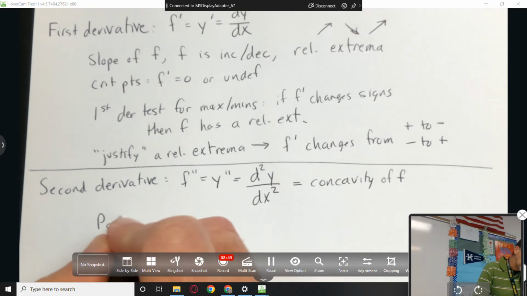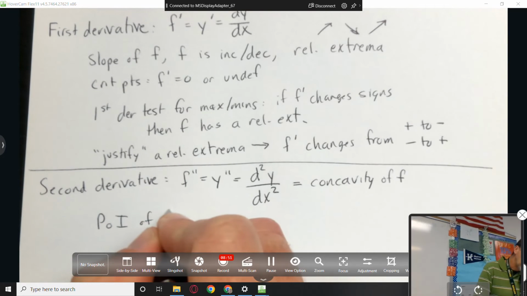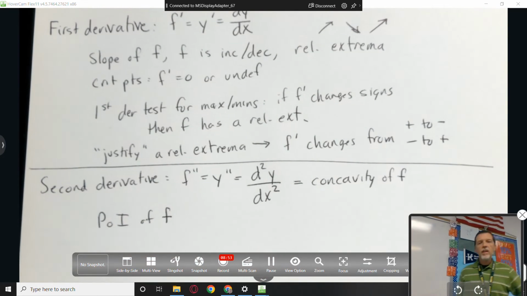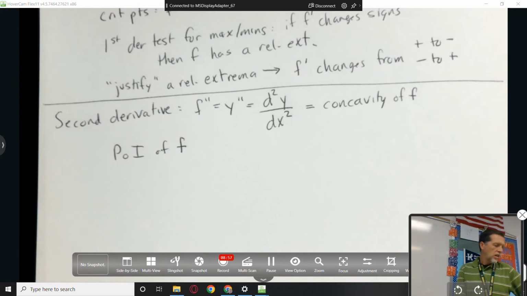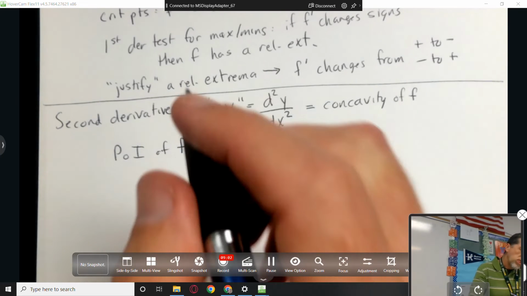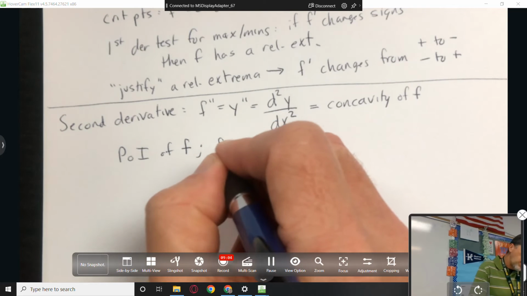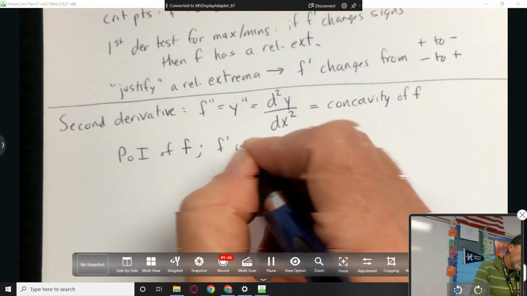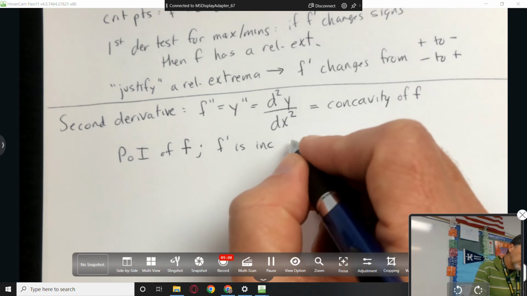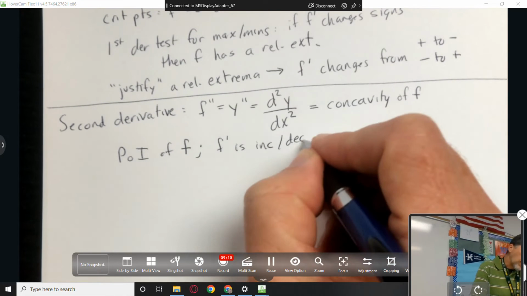You can use it to find points of inflection of f, because that would be where the second derivative changes signs. And it tells you if f prime is increasing or decreasing.